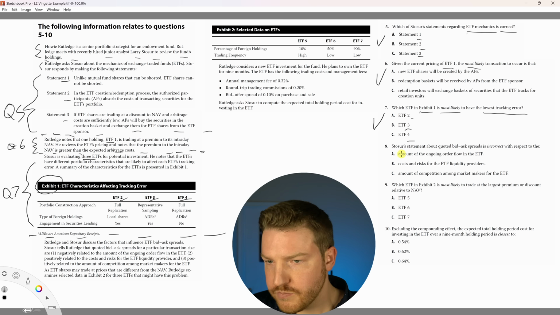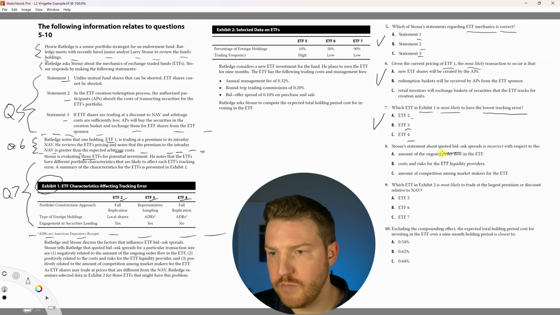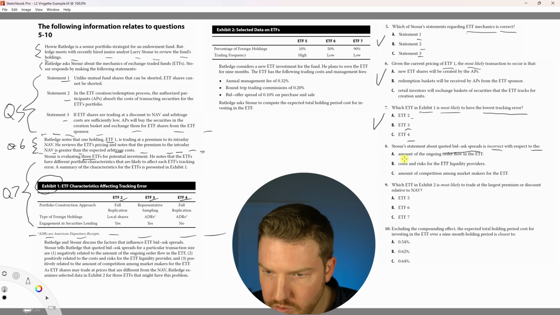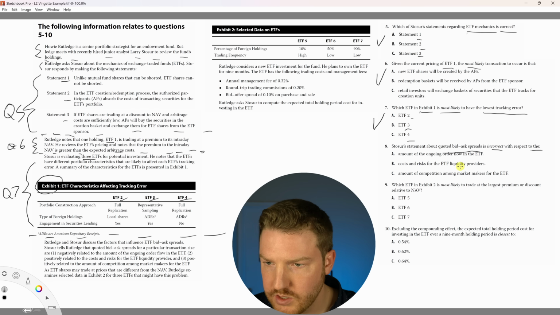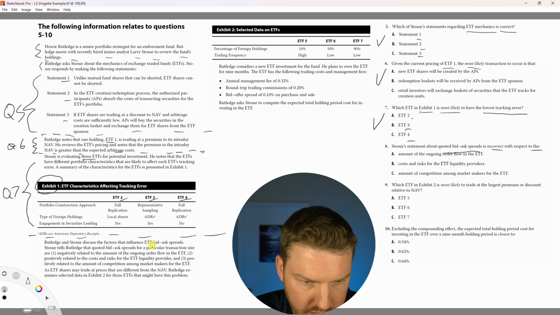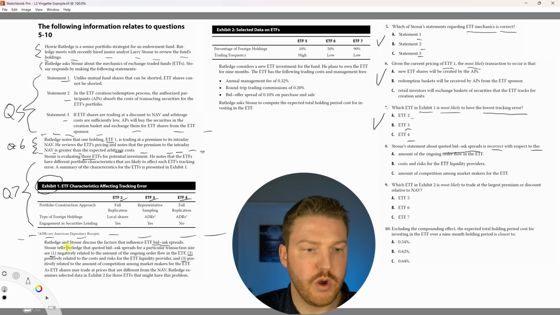Question 8. So this guy's statement about quoted bid-ask spreads is incorrect with respect to, and then I have these 3 options. So now I'm looking at this bid-ask spread thing. I have 3 options: amount of ongoing order flow, costs and risks for liquidity providers, and then something about market makers. So I see they were talking about the bid-ask spreads here, right? I just go from where I stopped the last time. And then he's saying, it looks like 3 things: 1, 2, and 3.